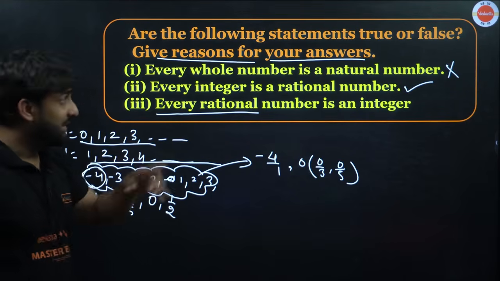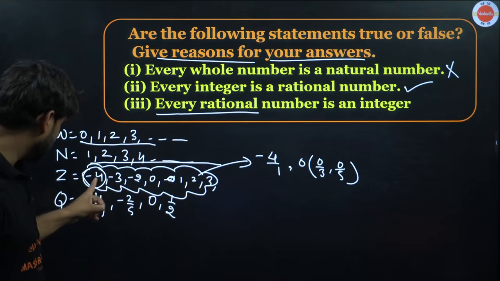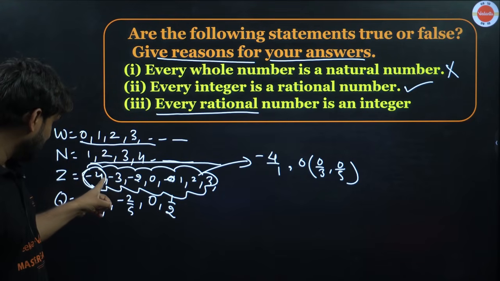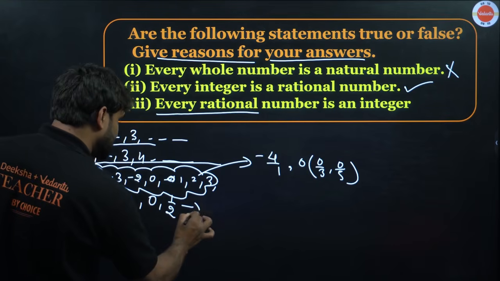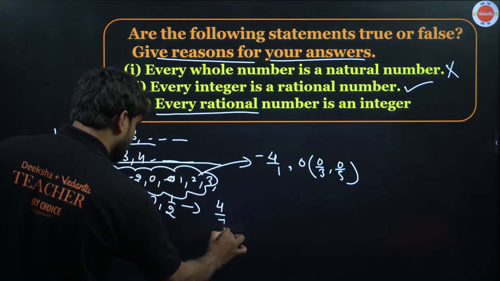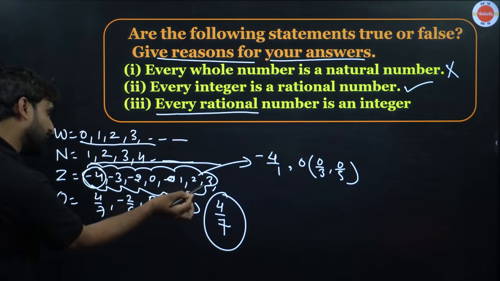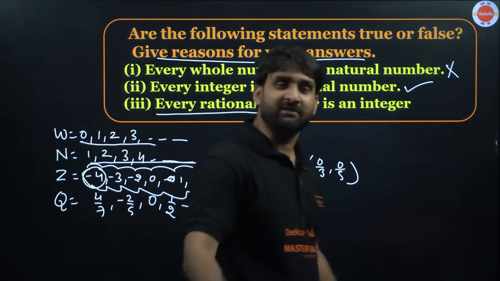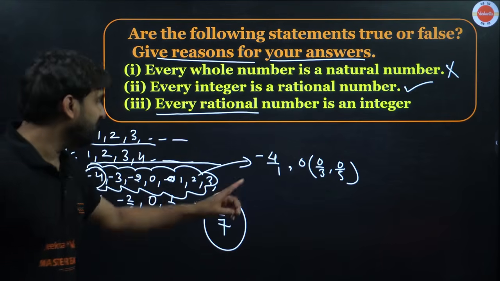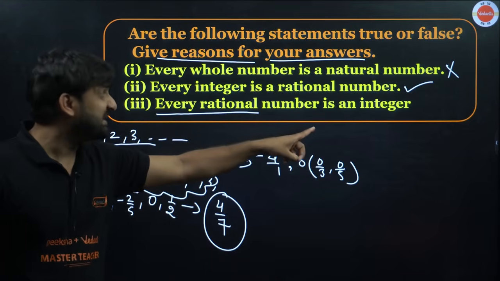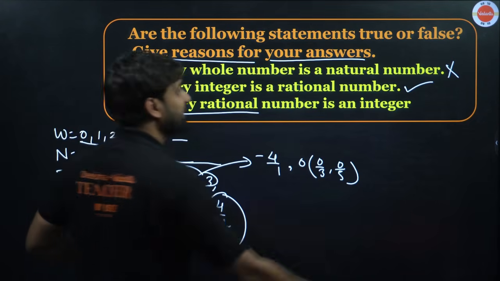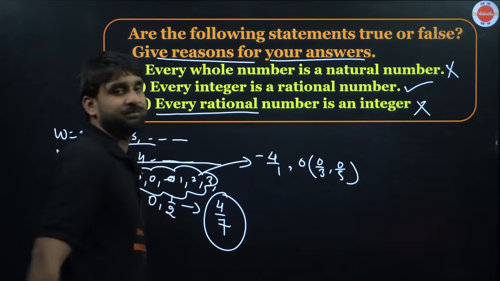And these are the integers, only pure numbers: -4, -3, -2. But 4 by 7 is a rational number and it does not fall in the category of integer. So every rational number is an integer is the wrong statement. This is absolutely false.